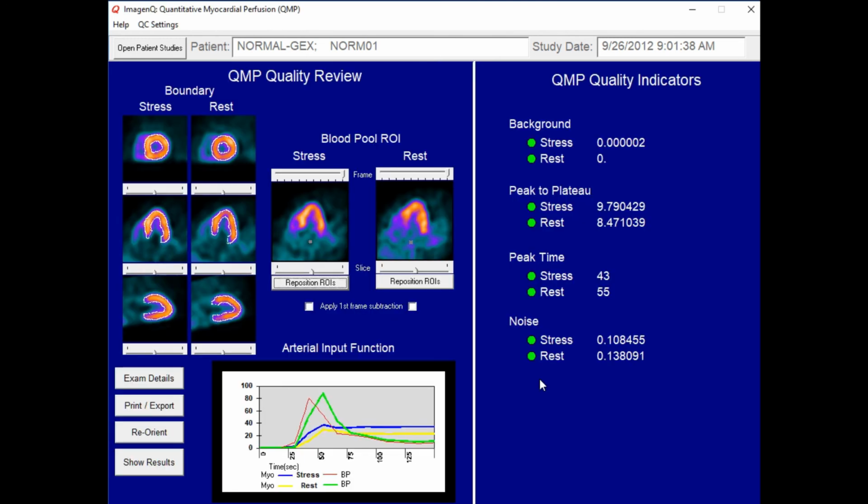Once we have what we believe to be a good blood pool ROI, we can conduct some specific quality control steps, the most important of which is the peak to plateau measurement. This peak to plateau measurement is a measurement of the activity at the peak of the blood pool curve divided by the plateau value out at 150 seconds.